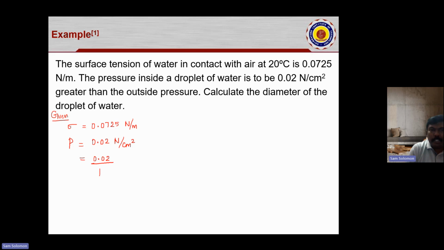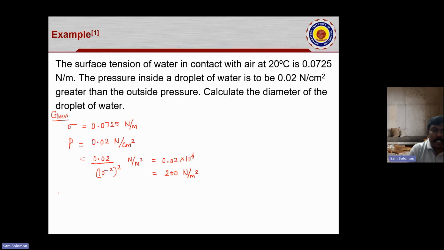To convert it to Newton per meter squared, it is 10 to the power minus 2 the whole squared in the denominator, so 10 to the power minus 4. When taken to the numerator, it is 0.02 into 10 to the power 4, so that makes it 200 Newton per meter squared.